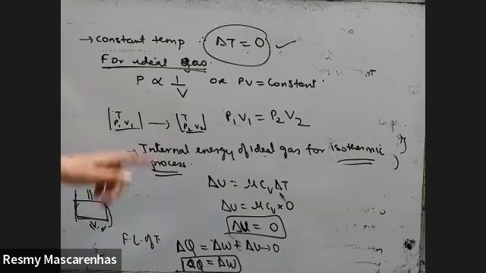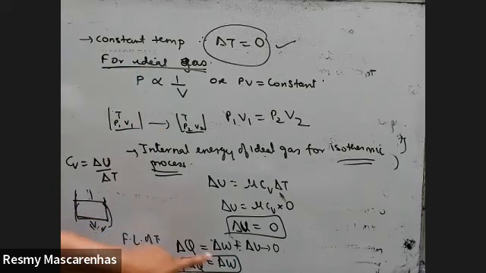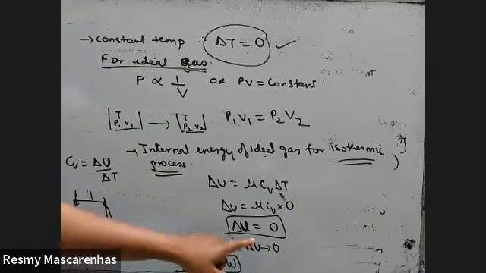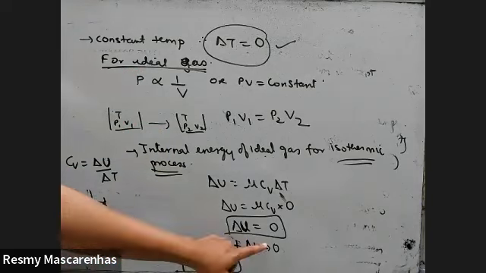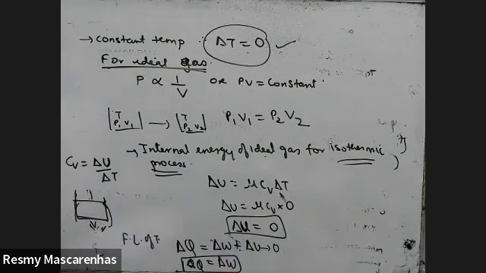But for isothermal, you have to keep the temperature the same. So the heat supply is directly equal to the work done. There is no increase in internal energy, so that would be 0. Internal energy is 0 and heat supplied equals work done for an ideal gas under an isothermal process.